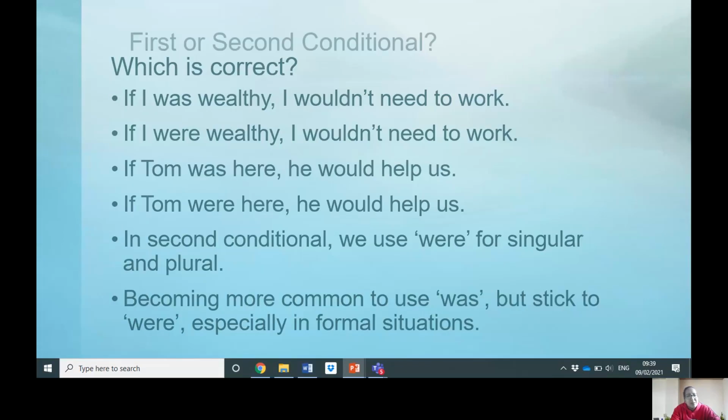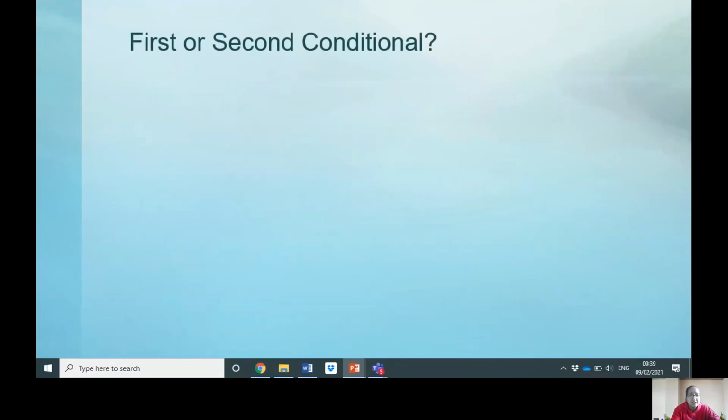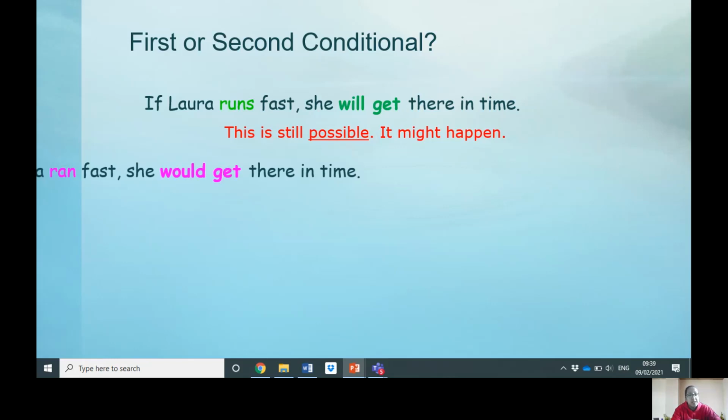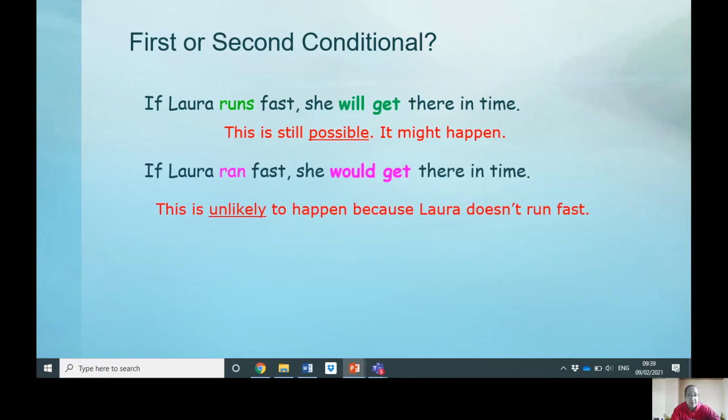Now, which do we use, the first or second conditional? If we look at this example, if Laura runs fast, she will get there in time. This is possible. It might happen. But if we look at this example, if Laura ran fast, she would get there in time.